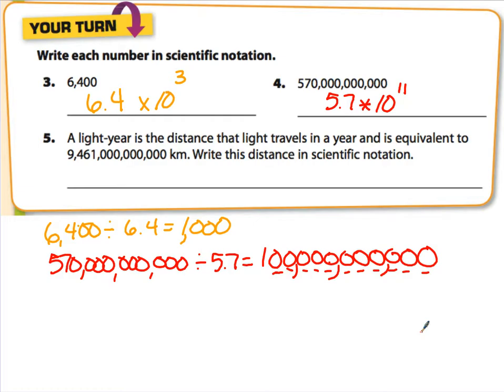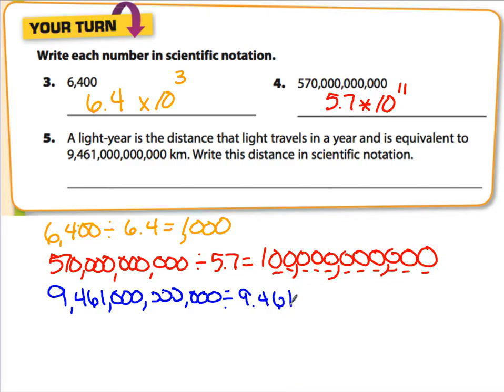And in this case, you have, let me get another color, 9 4 6. Make sure I'm writing all my numbers down correctly. 9,461,000,000,000, and you would have divided that by 9,461,000,000.